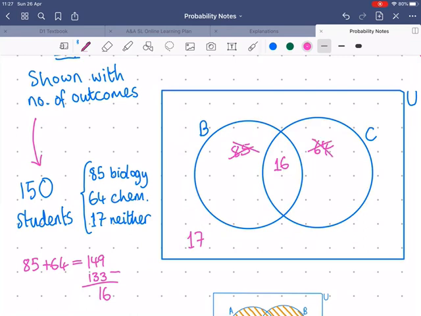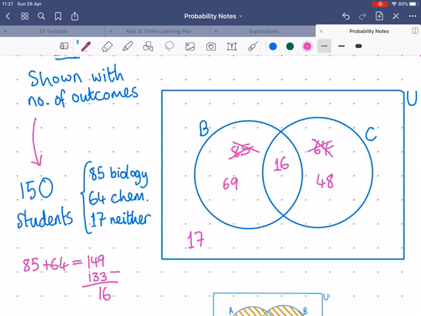Part of each circle is already filled in. So I've got 16 here. That means I'm only left with 69 that just do biology and 48 that just do chemistry. Very important to remember to do that subtraction. Now those four numbers will add up to 150.